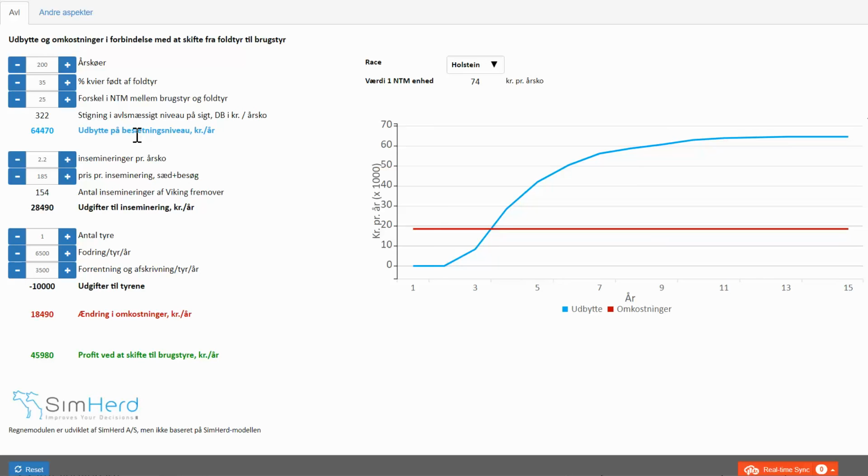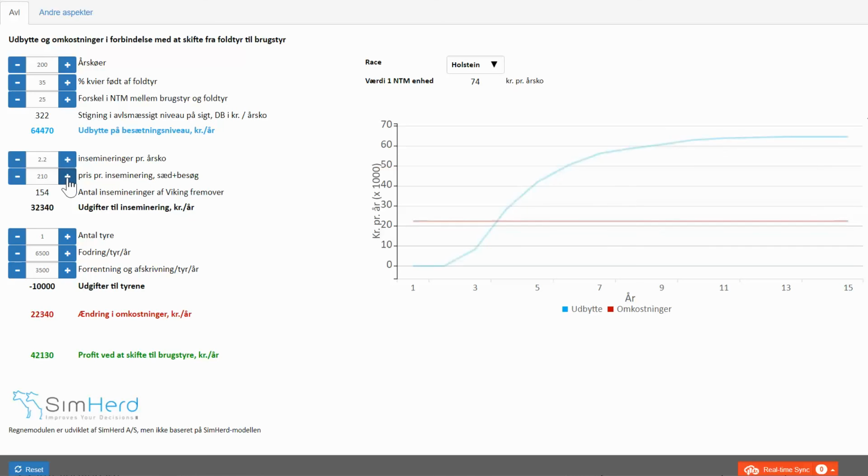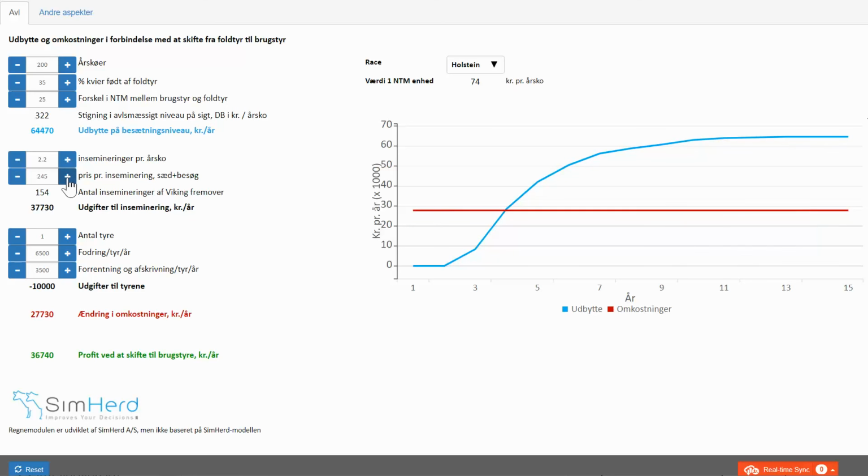But if we should be breeding instead of using the bull, then we also have insemination costs. If you would have on average 2.2 inseminations per cow per year, and it would cost you 185 krona per insemination, that's maybe higher, 250, then 35% of 2.2 inseminations per cow per year means that you have 154 inseminations in the future that you will have to do by Viking instead of the bull, and that's multiplied with 250 krona.